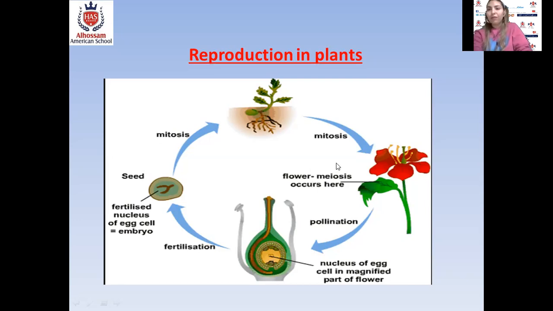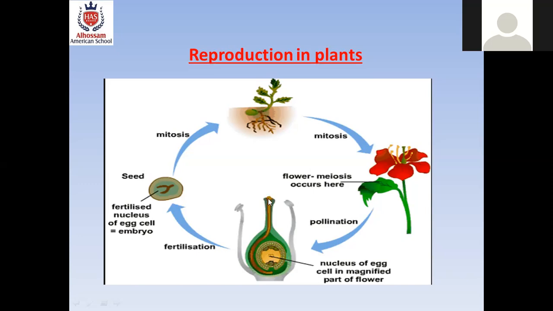Yes, Perry. Teacher, can you hear me? Yes. So this is a bisexual flower, so it has both sexes in it. First, the pollen from the anther goes to the stigma and pollinates it, by air or by insects.